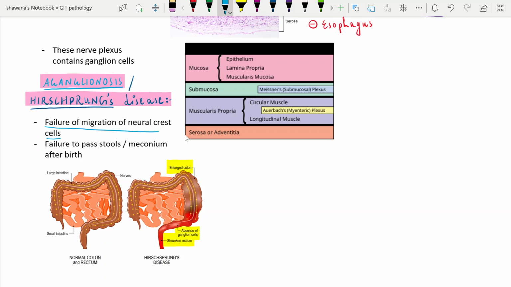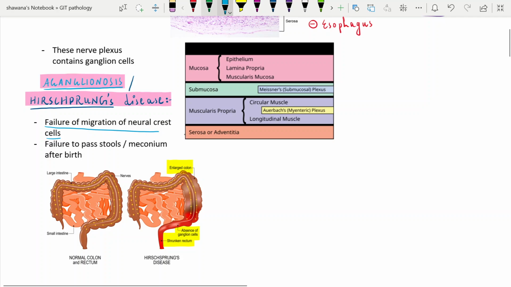When you go through the embryology, you can see that there is failure of migration of neural crest cells, and it results in the absence of the ganglion cells in the GIT.